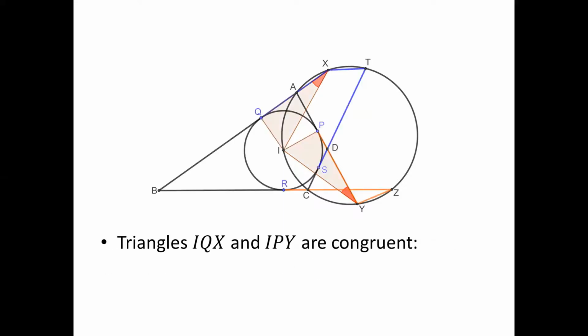So far, we established the similarity of these two triangles. But we also know IQ equals IP because they are the radius of the inscribed circle. So we establish the congruence of these two triangles.